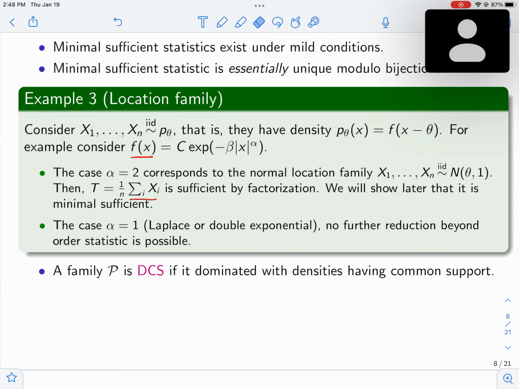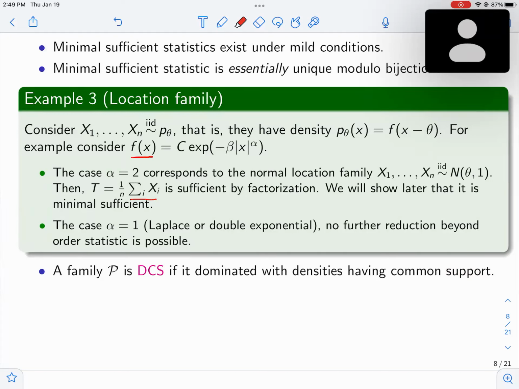That's the family of probability models that we're going to consider. Dominated means there is an underlying measure, so the factorization theorem holds. And common support means that the densities have the same support. I can pause here and ask you what the support is.